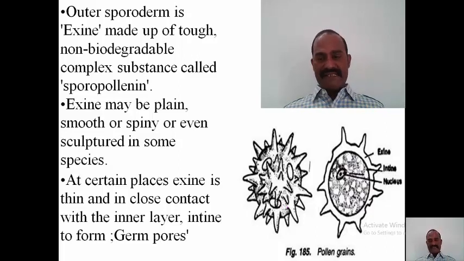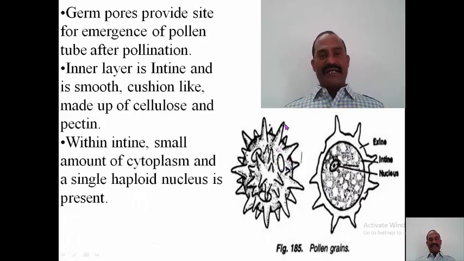At certain spaces, the exine is thin and it is in close contact with the inner membrane, which is the intine. And these close contact points, here you can see, are called germ pores. The germ pores provide the site for emergence of the pollen tube after pollination.